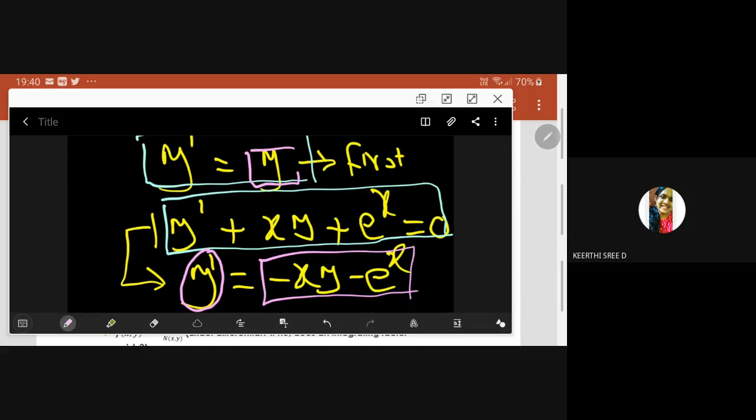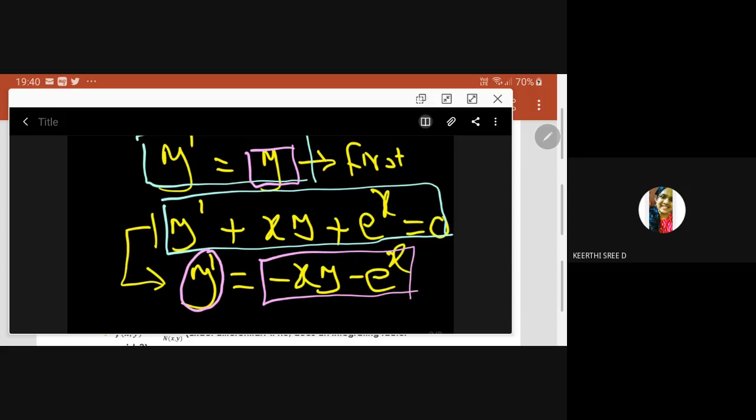This is already in the required form. What we are looking for is that in the right hand side, we have instances of x and y only, with no other order derivatives of y, only y. And in the left hand side, you have the first order derivative of y.